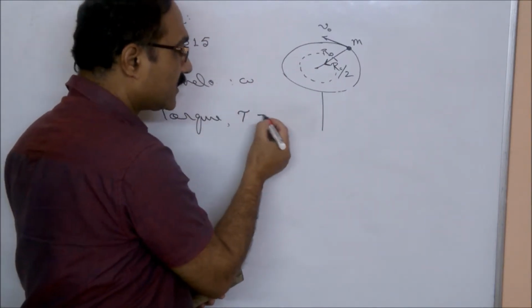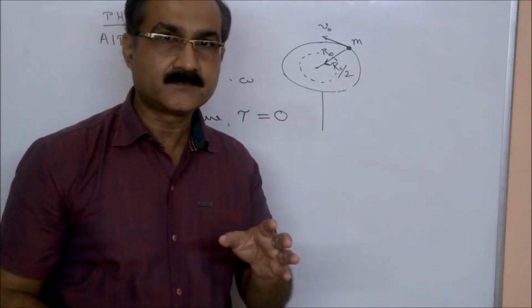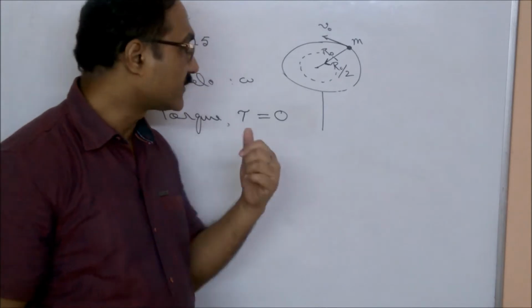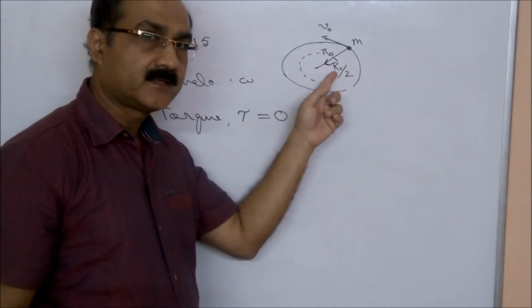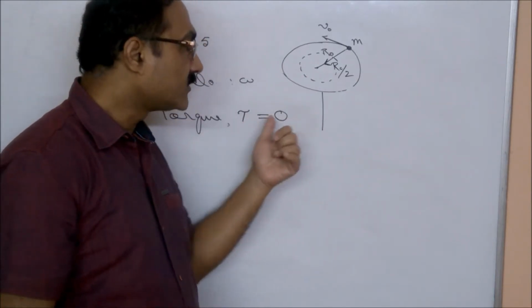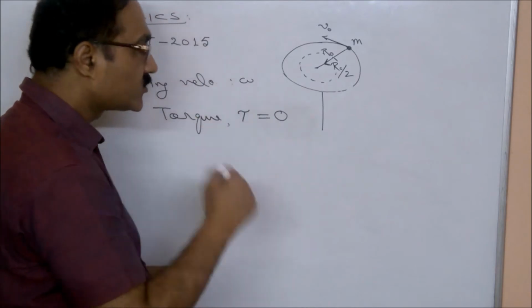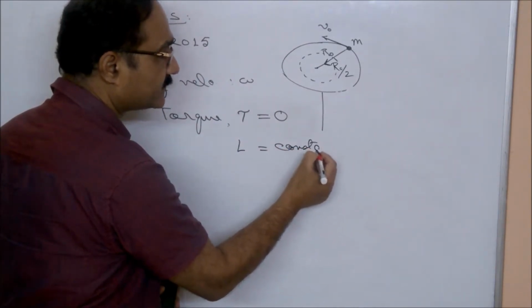That means in this case torque is 0. Clear? So from our analysis we have found that in this case, though there is a force applied, the torque is 0. Clear? When the torque is 0, it should come to our mind that angular momentum is constant.